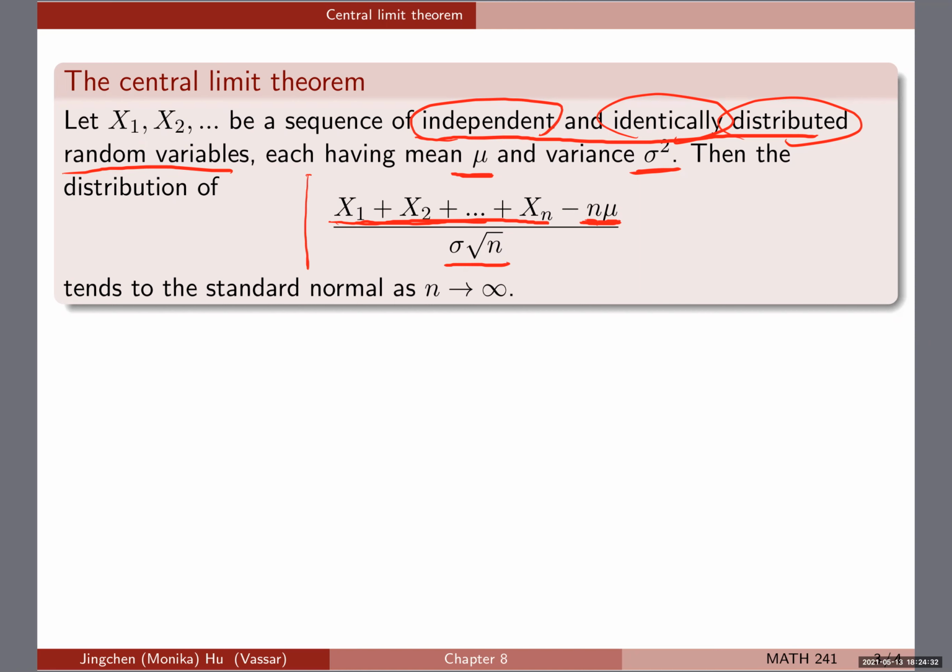This whole term is a random variable, don't forget, because we're looking at the sum of the random variables.